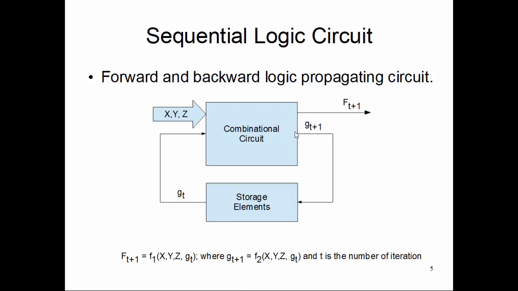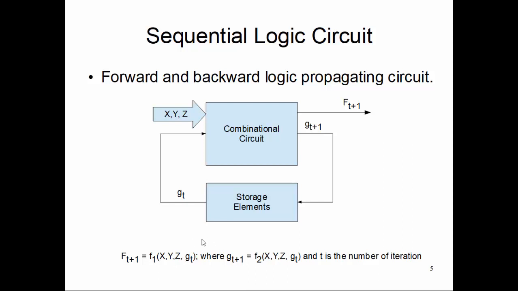So mathematically, it is expressed as this: the function of t plus 1, which signifies my next iteration, is some function of XYZ and GT, which means partial result from the previous iteration, where we also define g function GT.